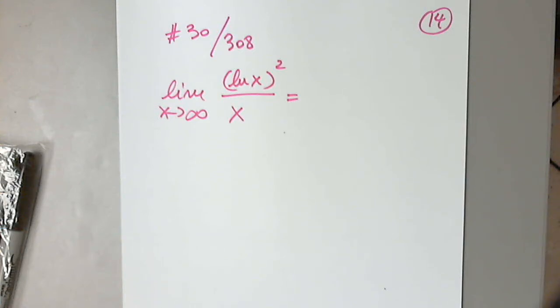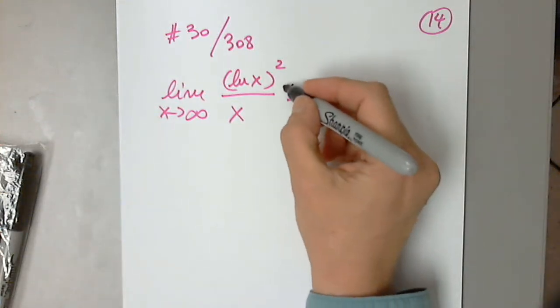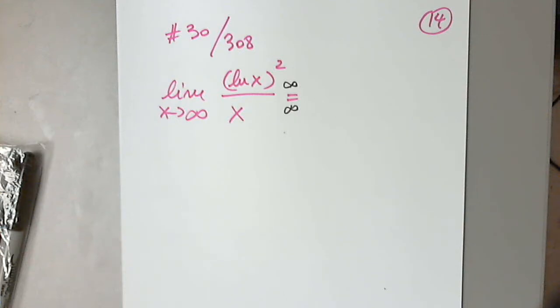I will apply L'Hopital's rule if it's applicable. So first I have to plug it in, and when I plug it in, I get what? Good. So L'Hopital's rule is applicable.